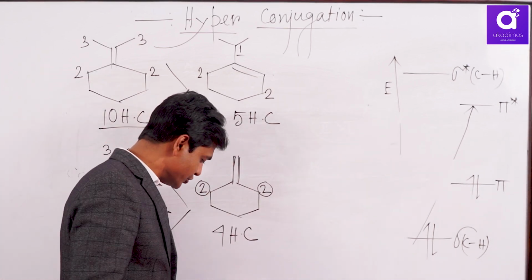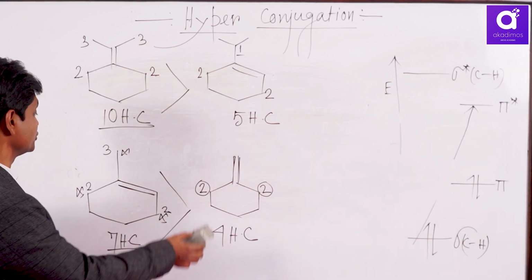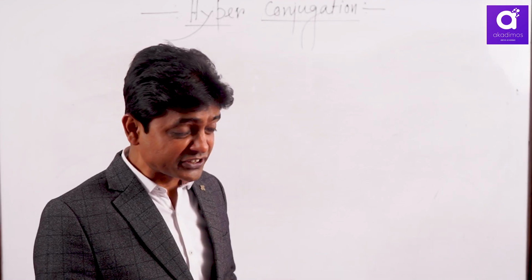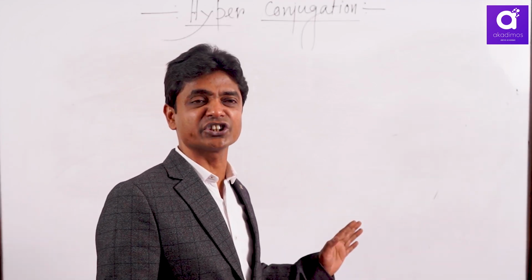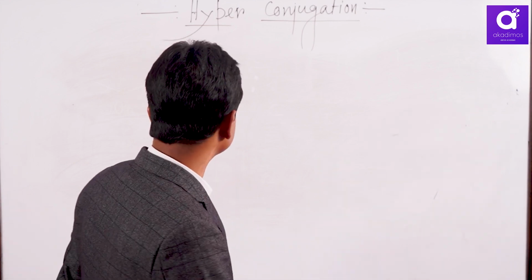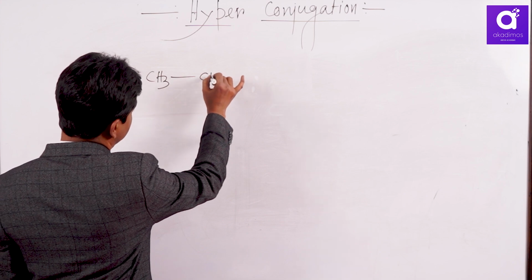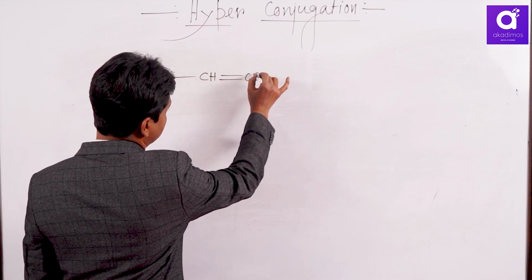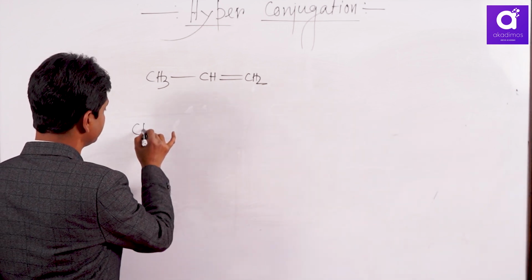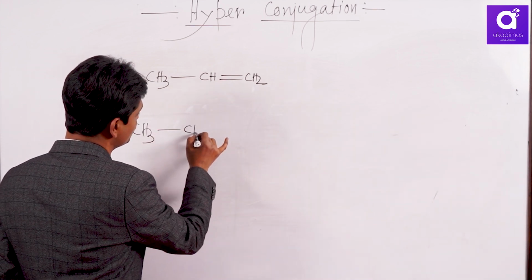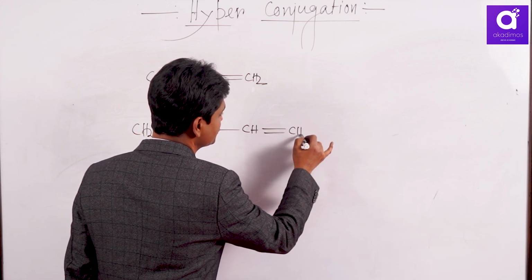Now, I am going to give another application of this hyperconjugation interaction. Another example, from that you will get an idea about the application of hyperconjugation. Right here, CH3CH=CH2. This is propene. Now take but-1-ene, CH3CH2CH=CH2.